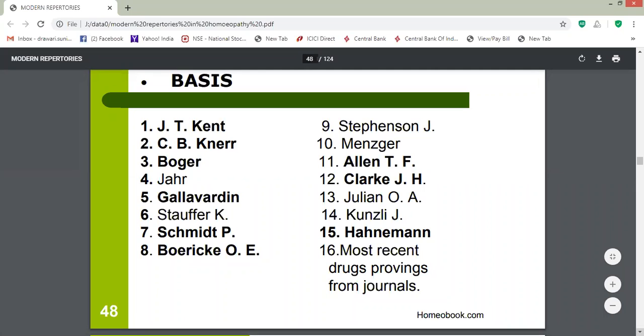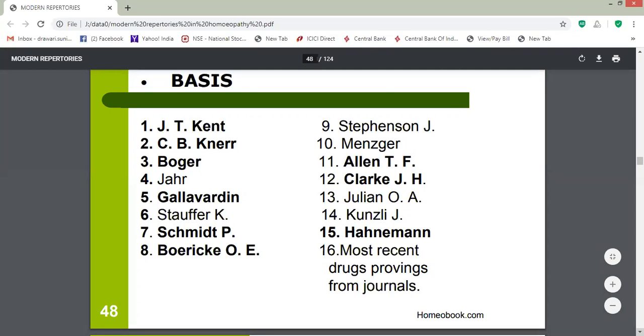Then Allen's Encyclopedia of Pure Materia Medica was referred to select some important points. Then J.H. Clarke's Clinical Repertory to the Dictionary of Materia Medica.